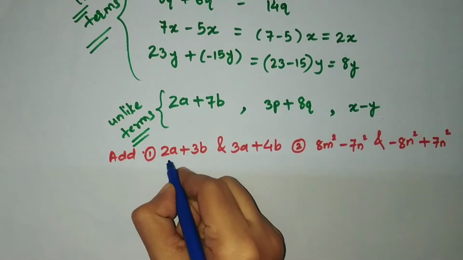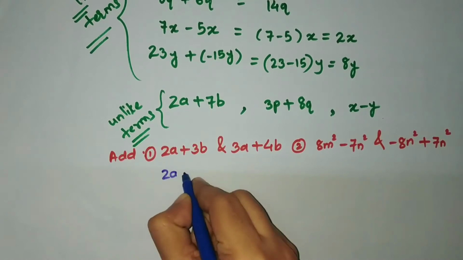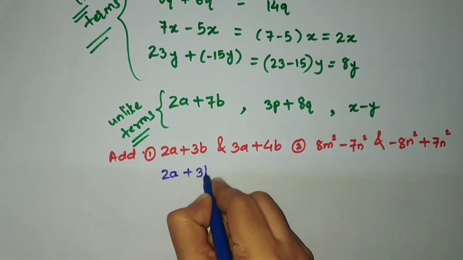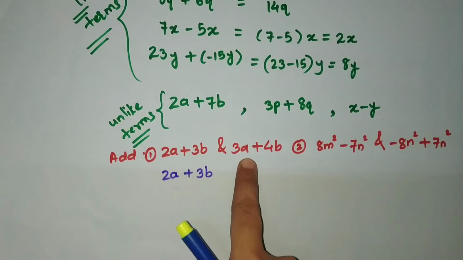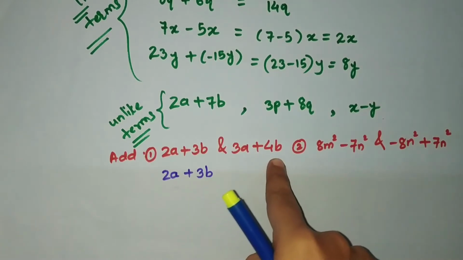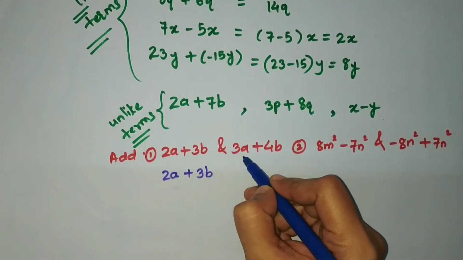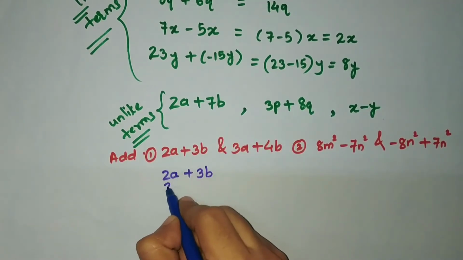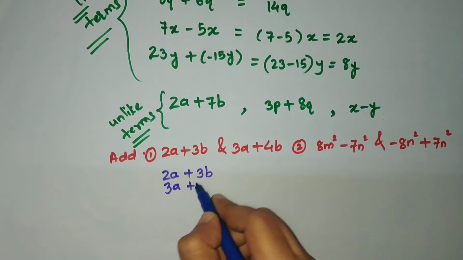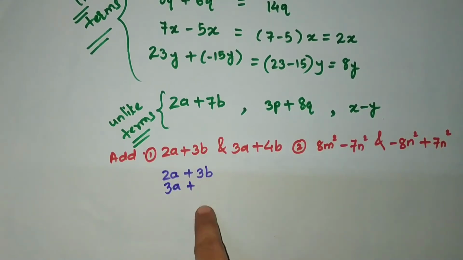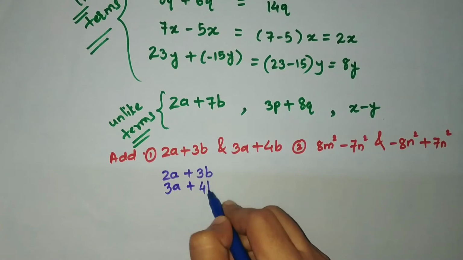Like I will write first of all this 2a plus 3b in this row, and another expression, that is 3a plus 4b, I will write exactly below here, in a way that the like terms are arranged. Like 2a having a like term here, 3a, so 3a will come in this order, plus 4b will go under the 3b, so here it will come.